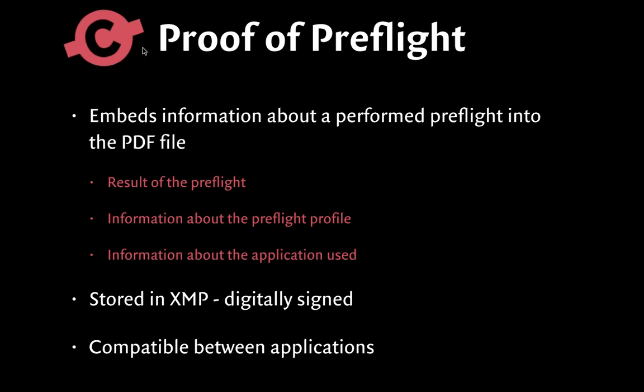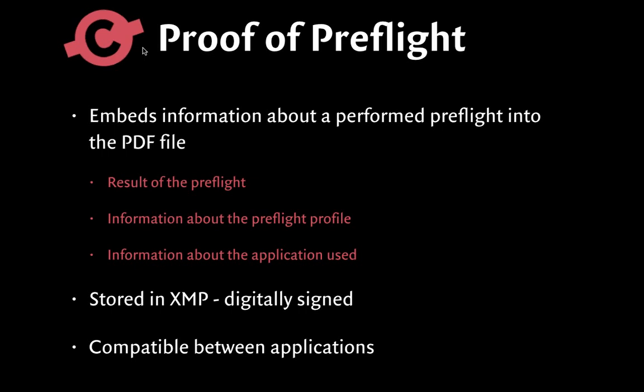Once I digitally sign the PDF, if someone then comes in with an editing tool and opens up the file in Illustrator, for example, and changes something, then the digital signature will be broken, and any tool that is Proof of Preflight compliant will be able to tell me that, yes, this file might have been preflighted, but since then someone changed it. So really you should re-preflight it.